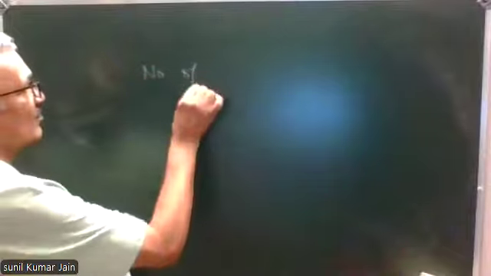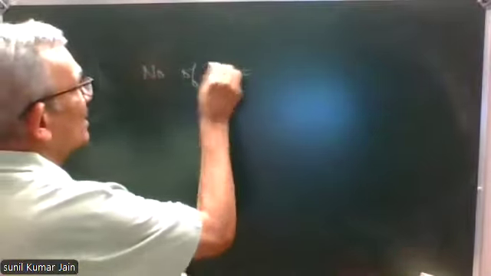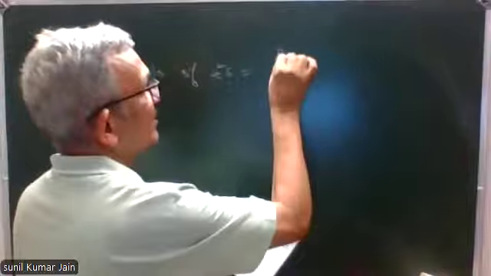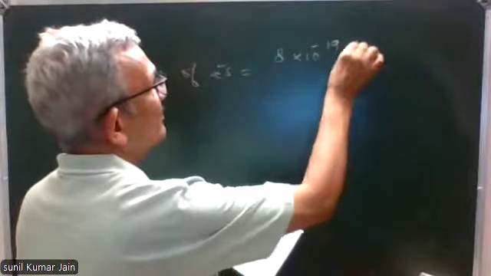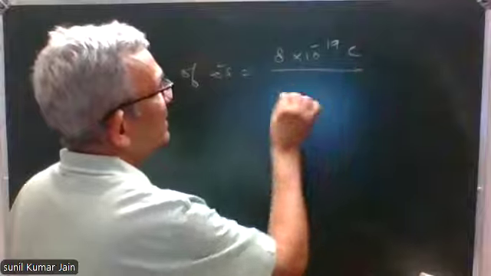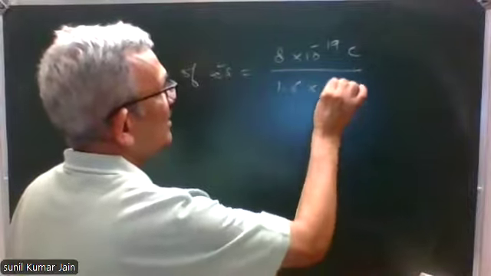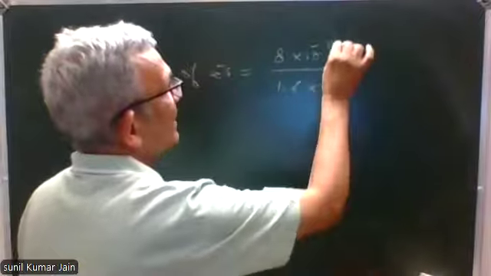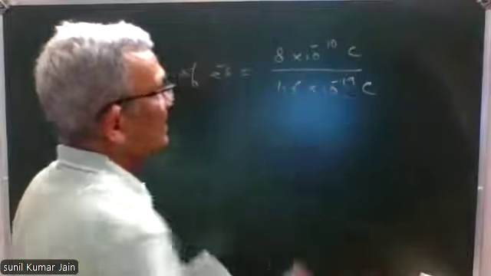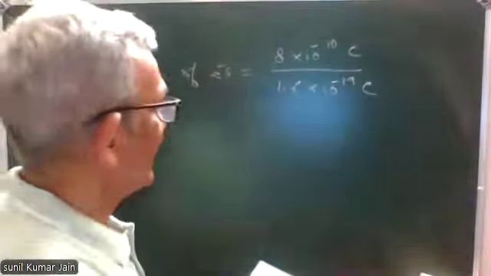The question is: calculate the number and mass of electrons which carry a total of so much charge. If we divide the total charge by the charge of one electron, we get number of electrons. So, number of electrons will be total charge, that is 8 into 10 to the power minus 10 coulomb, divided by 1.6 into 10 to the power minus 19.